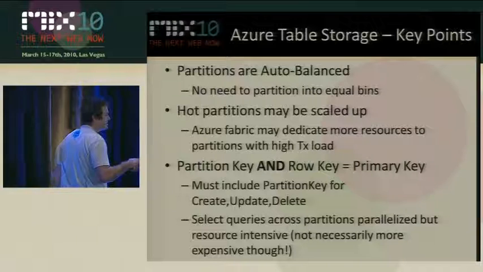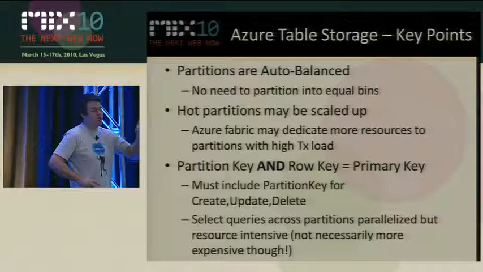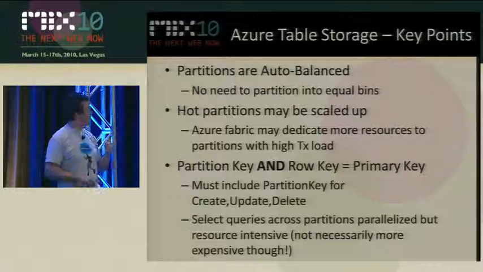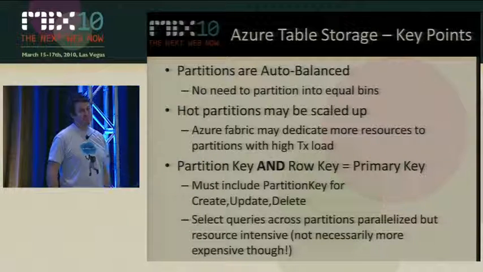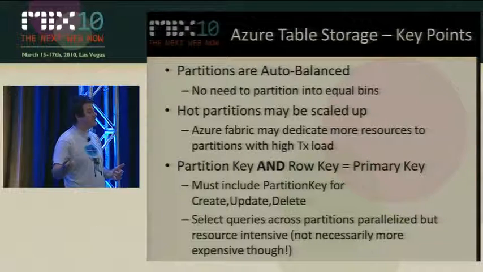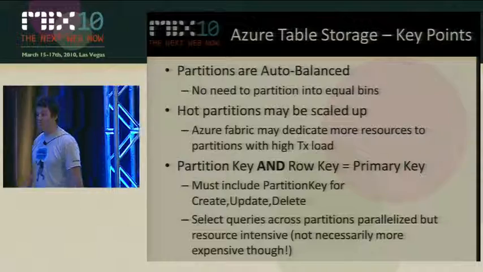Windows Azure Storage charges you per query request. A cross-partition query is 1 query request. Just worth remembering that. It is more resource intensive on the server side. It doesn't necessarily cost you more money.